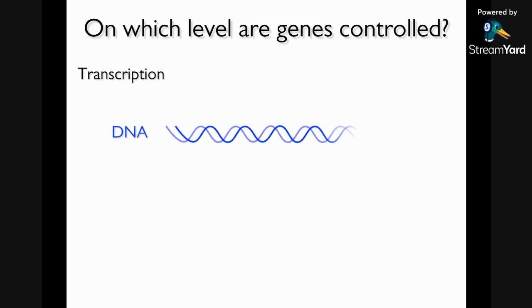So, the final thing, as to this introduction to genetic circuits, is just to consider on which level we are going to control gene expression. Which level genes are controlled depends very much on what type of cell you are, whether you are eukaryotic or prokaryotic, so archaea and bacteria.